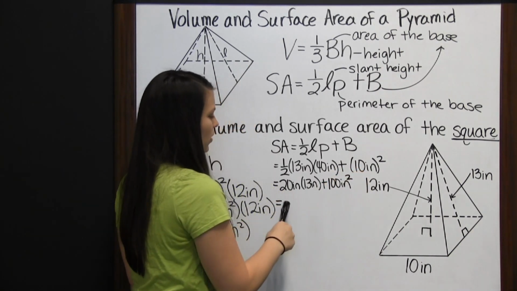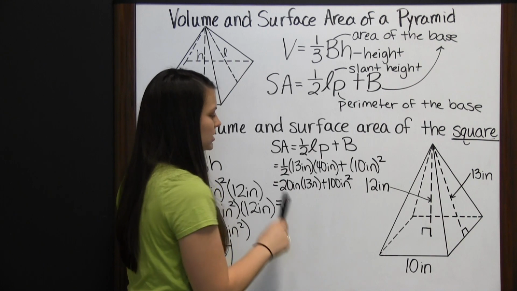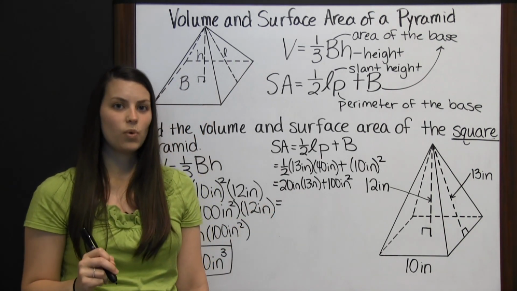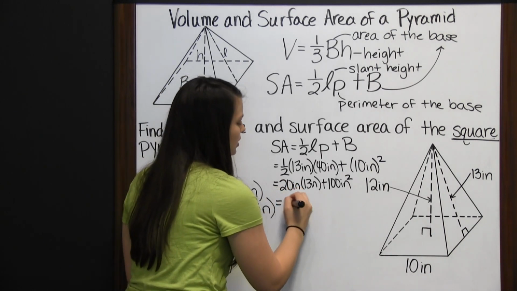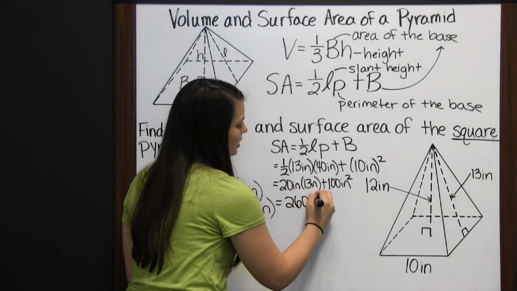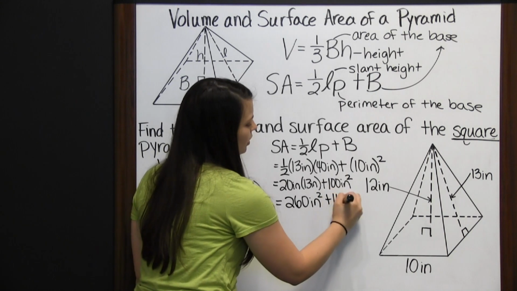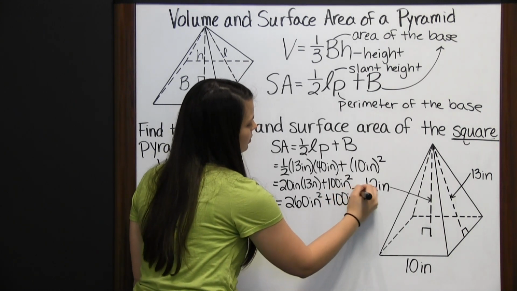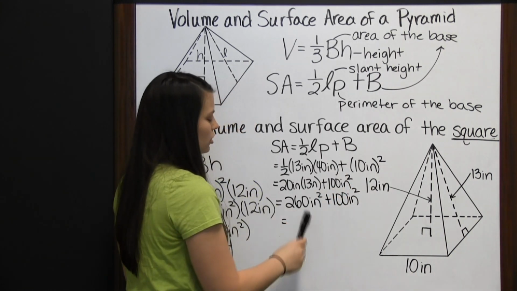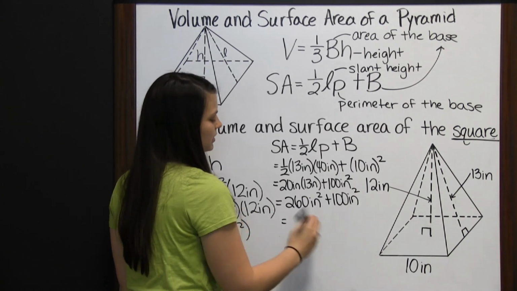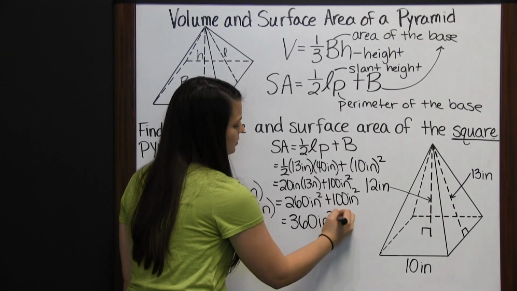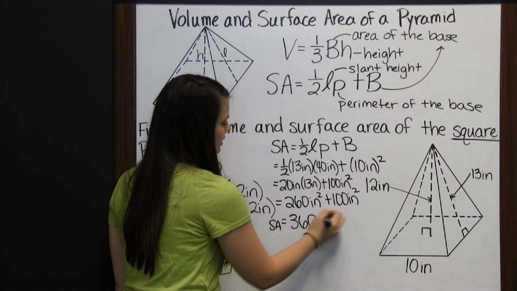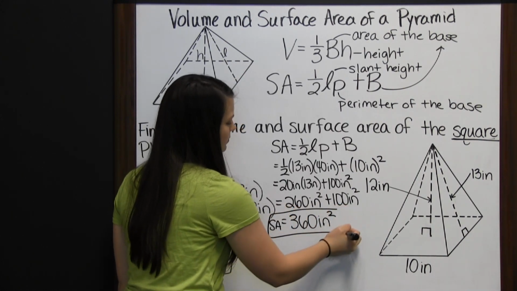And then I'm going to multiply 20 inches times 13 inches. 10 times 13 would be 130, but we double that since we're multiplying times 20. So that's 260 inches squared plus 100 inches squared. And we combine like terms. 260 inches squared plus 100 inches squared is 360 inches squared. And that's our surface area of our pyramid.